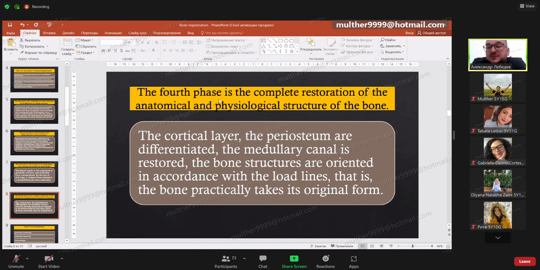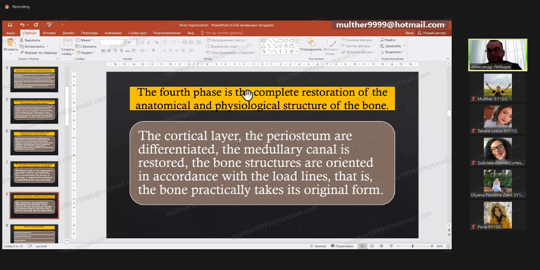That's why all of these functions, all of these criteria, make up the physiological structure. And it doesn't mean a good picture on X-ray. And if we try to check the timing, this stage and phase usually happens 8 to 12 weeks after injury, depending on the size of the bone.